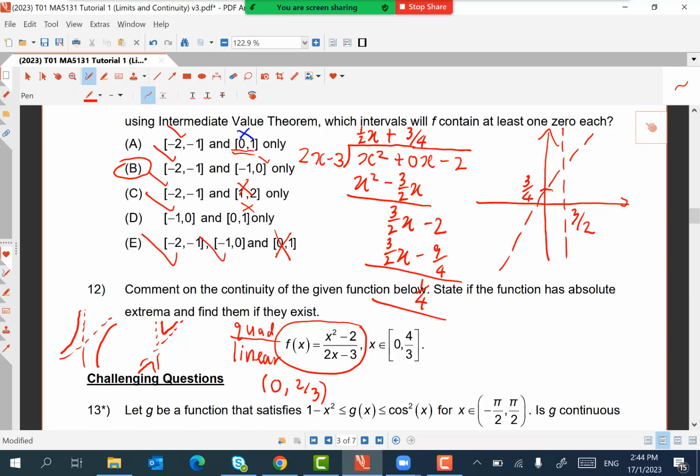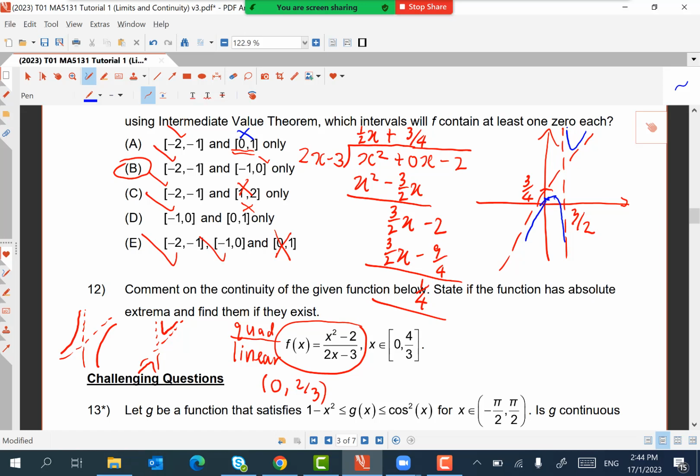Compare 3/4 and 2/3: 2/3 is actually below 3/4, so I'm going to squeeze it somewhere here. So this graph is going to look something like this.